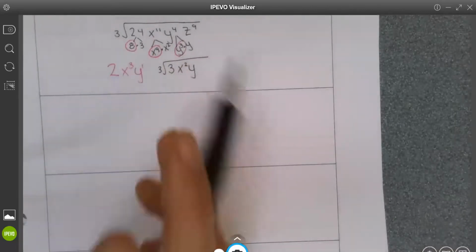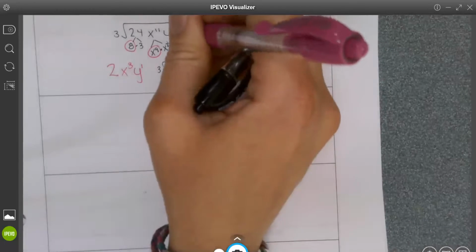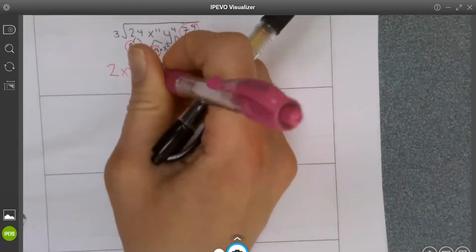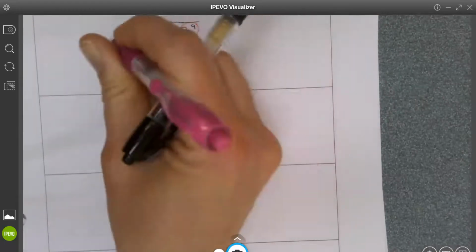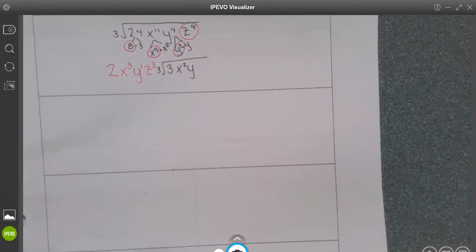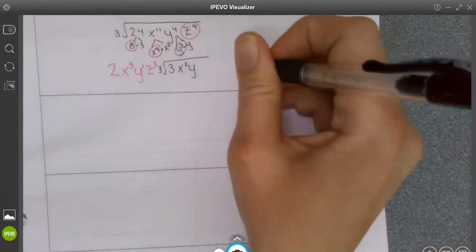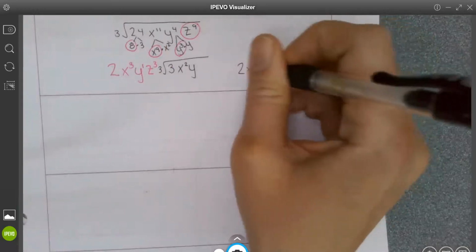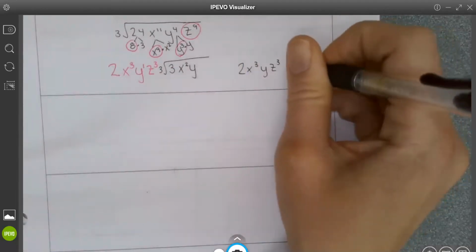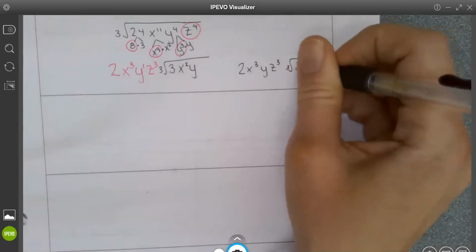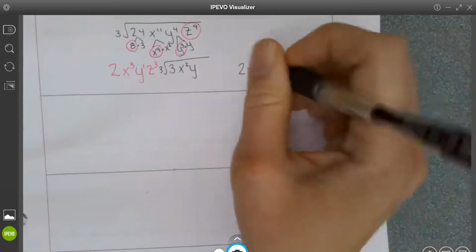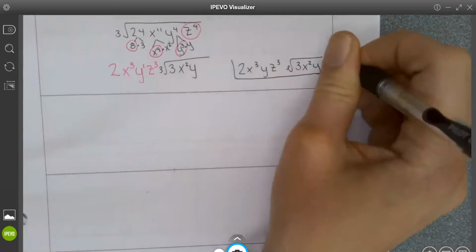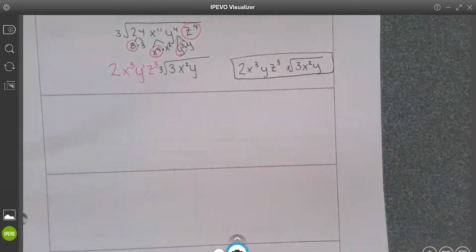I can take 9 and divide it by 3. So the cube root of z to the 9th is z cubed. And here's my, I'll rewrite it. So this is all the stuff I could evaluate, leaving inside the cube root 3x squared y. Here's my answer.